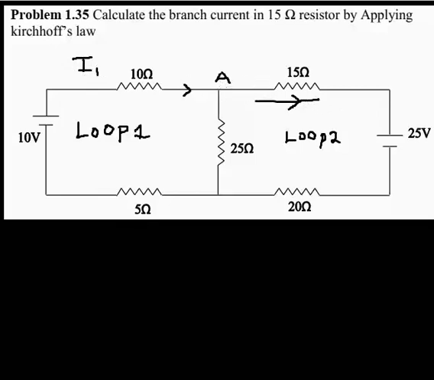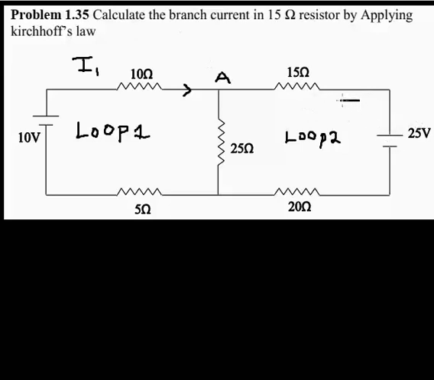The same thing happens to the source current from loop 2.